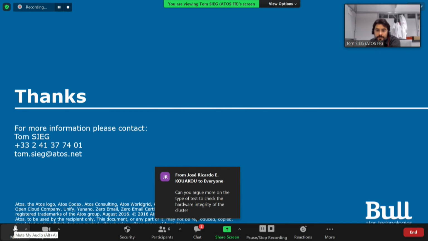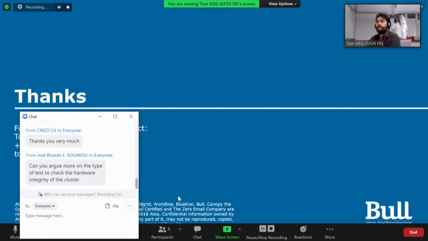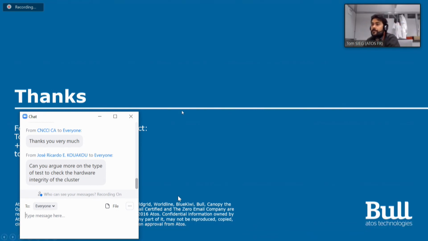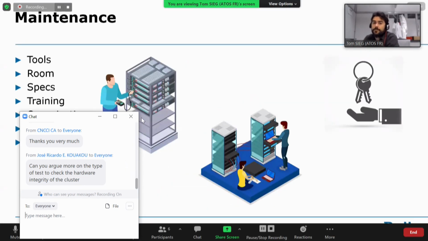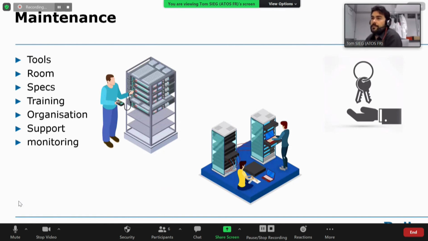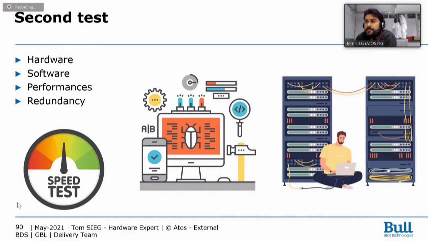Question in the chat. Okay. The test to check the hardware integrity of the cluster. There is a question on the chat. Yeah, I see it. The tests for the hardware. When I spoke about the hardware test, I generally spoke about Firestarter. Firestarter is the first hard test for the material.